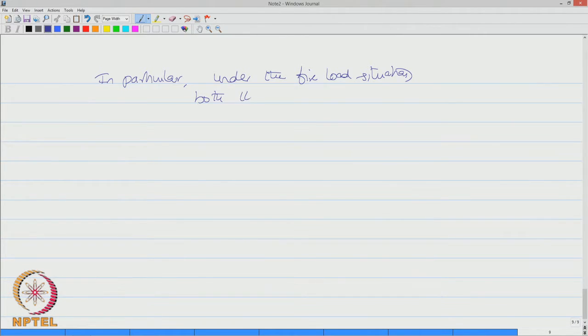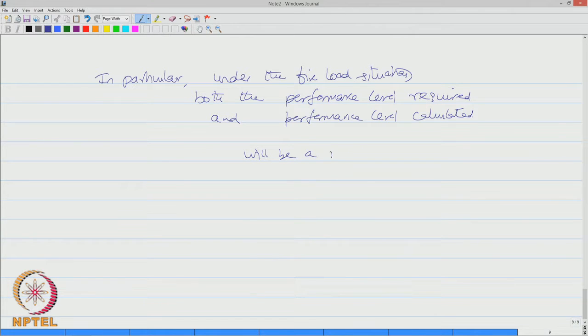both the performance level required and the performance level calculated will be non-linear multivariable functions.